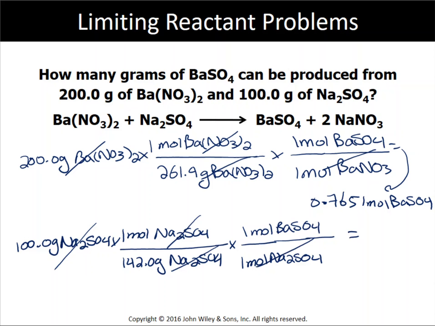So from 100 grams of sodium sulfate, we expect to get 0.7042 moles of barium sulfate.